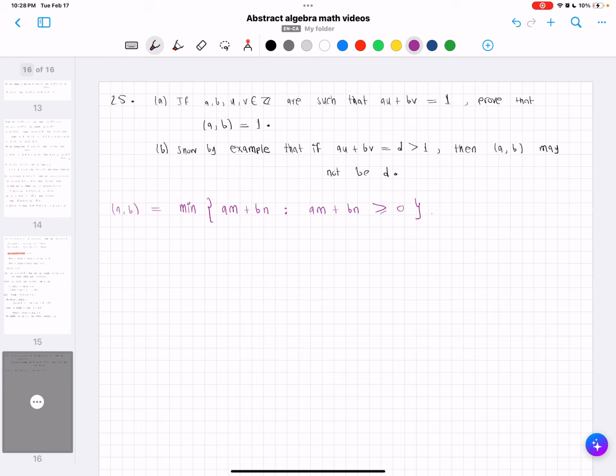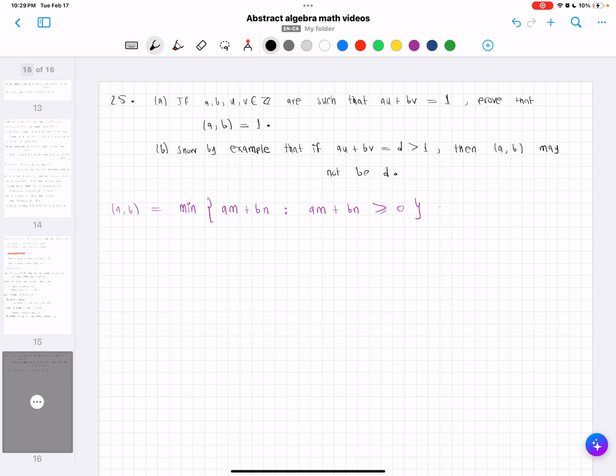And then if you get that one of the combinations is giving 1, then that must be the minimum. That's how we proved it. So that gives a clean proof to the idea.